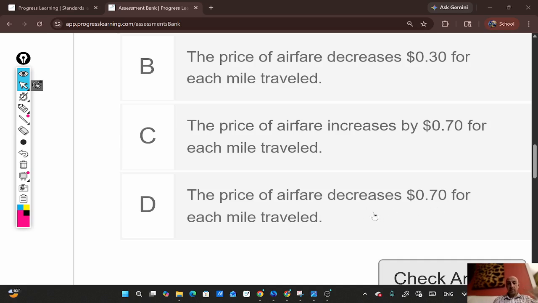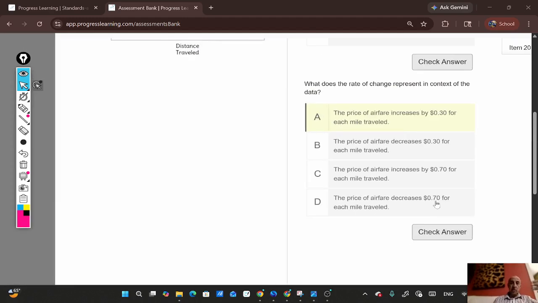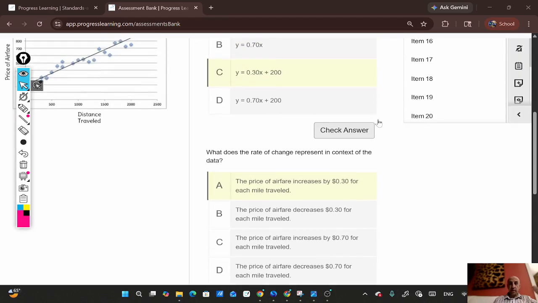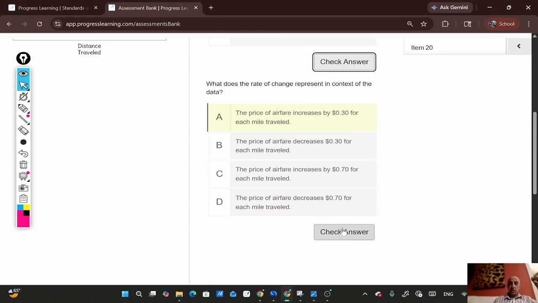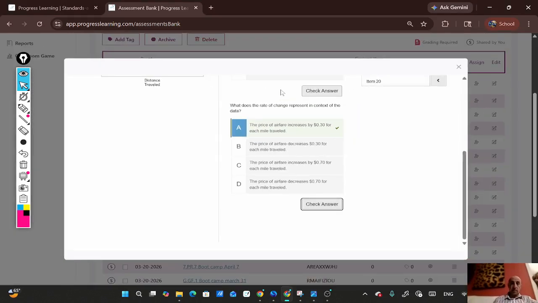There are two mistakes here. The relationship is increasing, not decreasing, and the rate of change is 0.3, not 0.7. So we figure out that the answer is A. Let's check the first one. This is correct. Let's check the second one, which is correct.